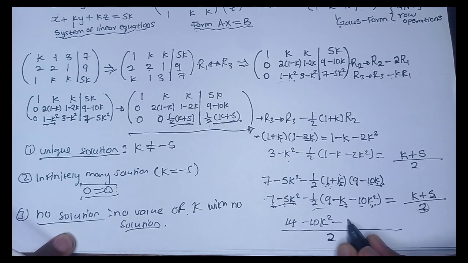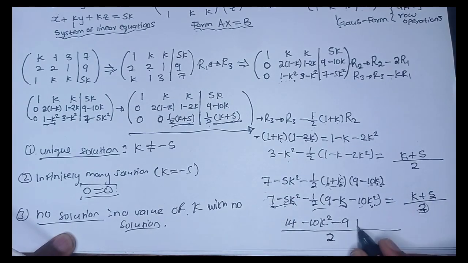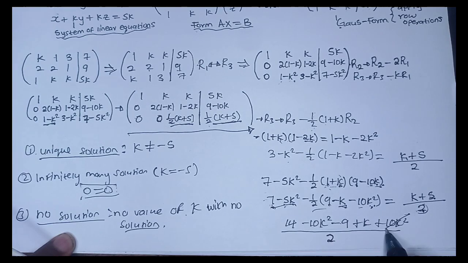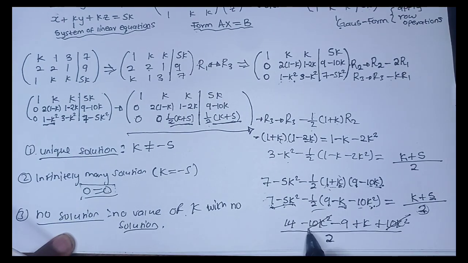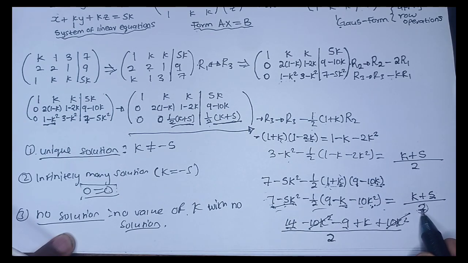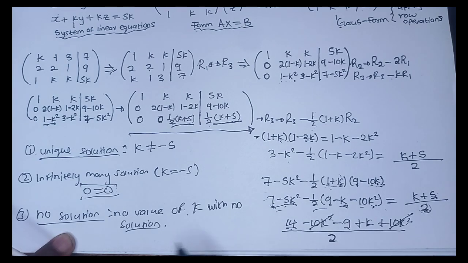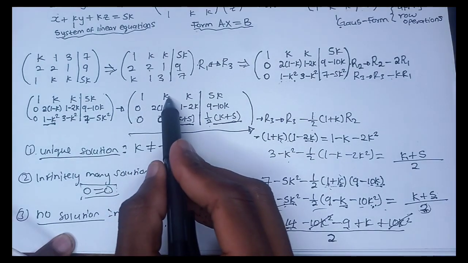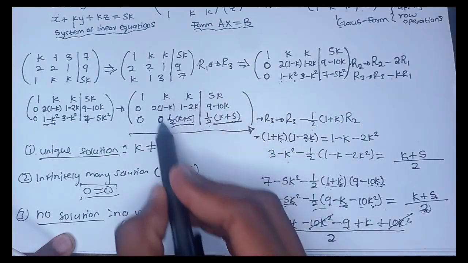Then here you have minus 9 because of this, plus k plus 10k squared. If you check, 10k squared cancels 10k squared, and 14 minus 9, you get 5. That's why the result for this is k plus 5 divided by 2. So now this is the simplified form that I need.